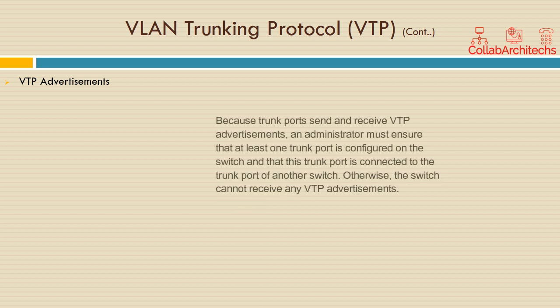Because trunk ports send and receive VTP advertisements, an administrator must ensure that at least one trunk port is configured on the switch and that this switch port is connected to the trunk port of another switch. Otherwise, the switch cannot receive any VTP advertisements.